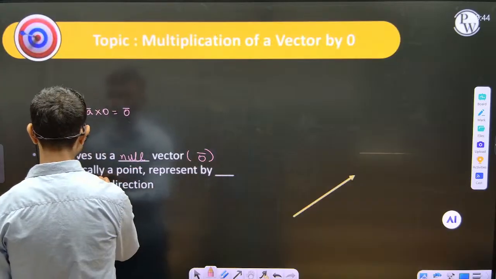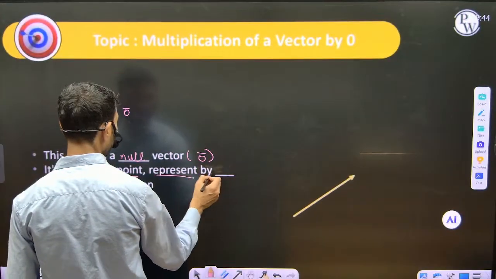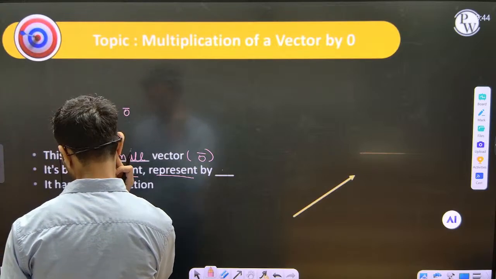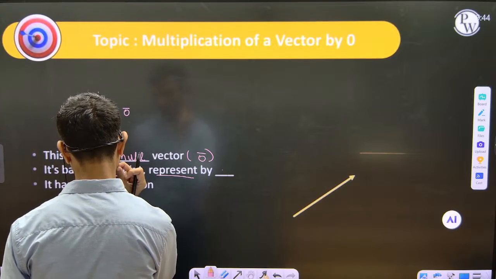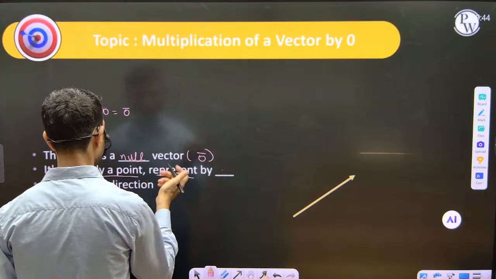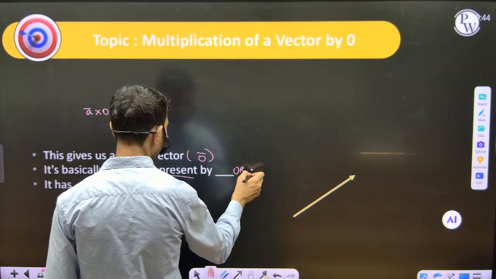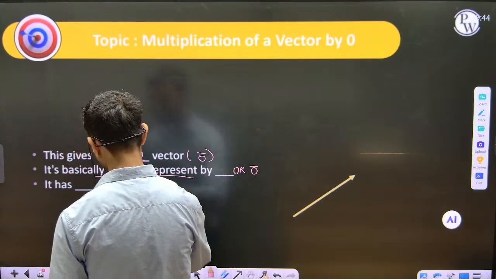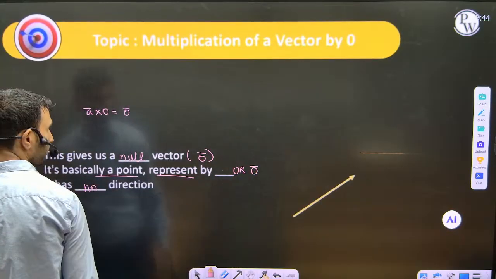It is basically a point, represented by a dot, just a dot, that's it. Or you can say 0 bar. Does it have any direction? No, a dot has got no direction.